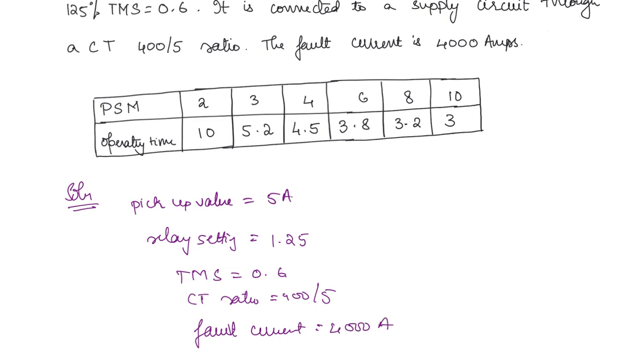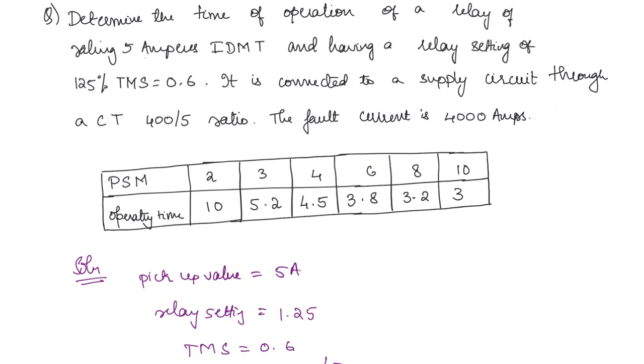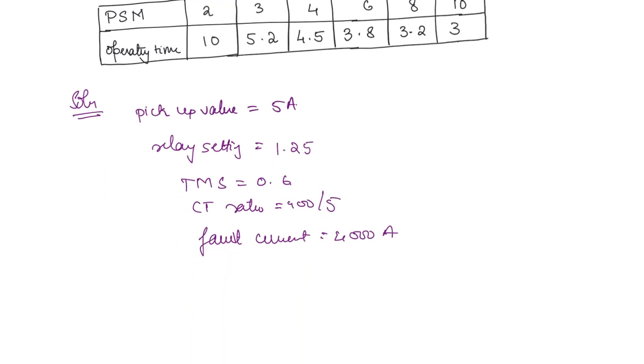Now the question is to find out the operation time. How will you find the time of operation? We know that the time setting multiplier is given by operation time divided by the time value for corresponding PSM.